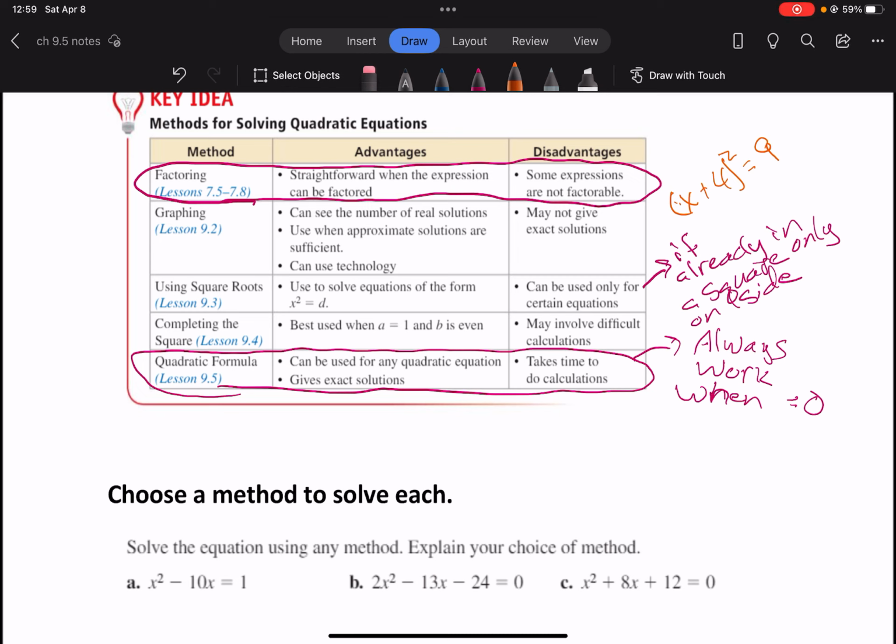If it's something like that, I'll just go ahead and take the square root of both sides and go on. But I'm not going to multiply it back out, put it in standard form, get to the quadratic. No, I'm just going to take the square root, be done. So let's look at this one.